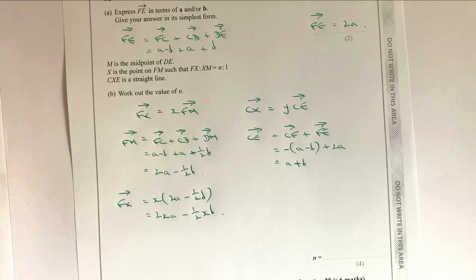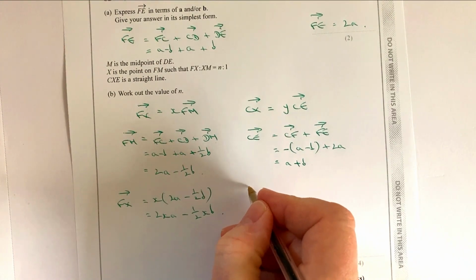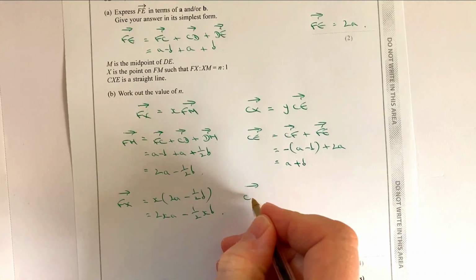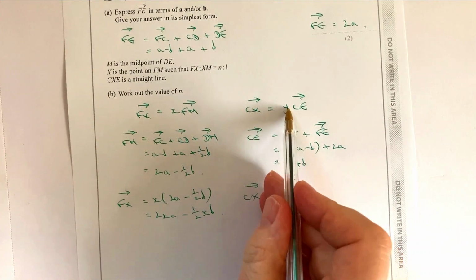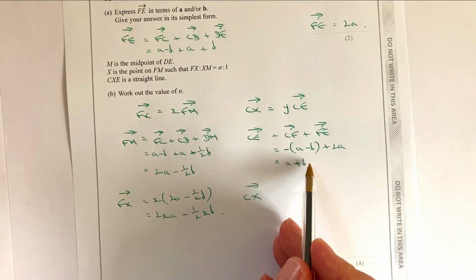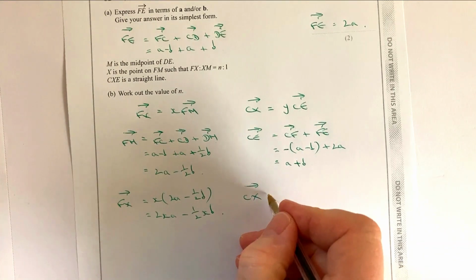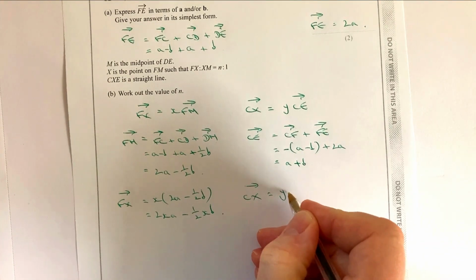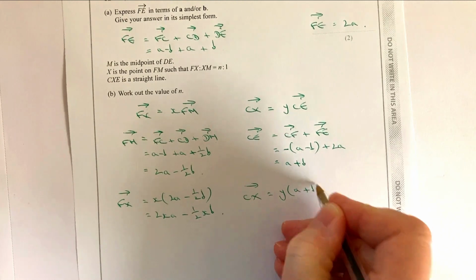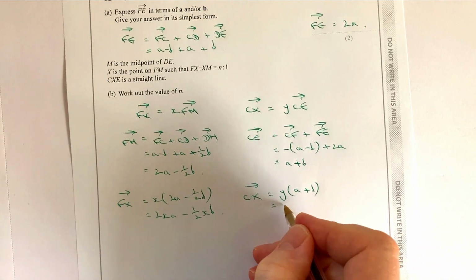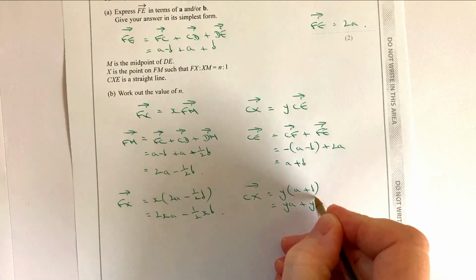It's quite crucial to look at that part of it, because similarly I can do exactly the same with CE. So if I look at vector CX, bear in mind it's a multiple y of that, so therefore it's going to be equal to y times a plus b, which is going to equal ya plus yb.